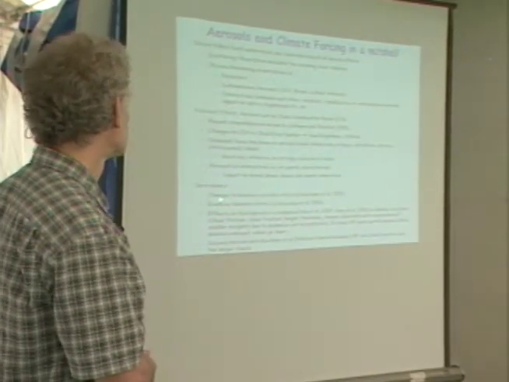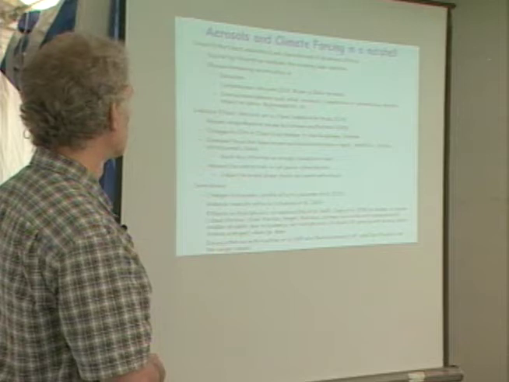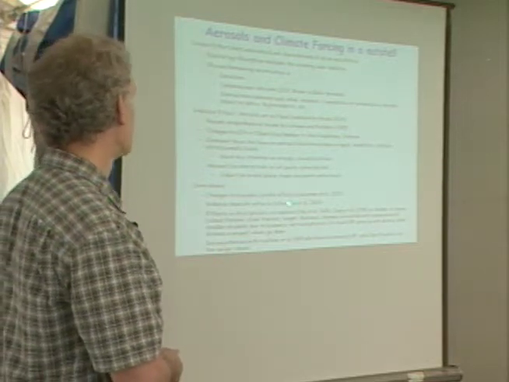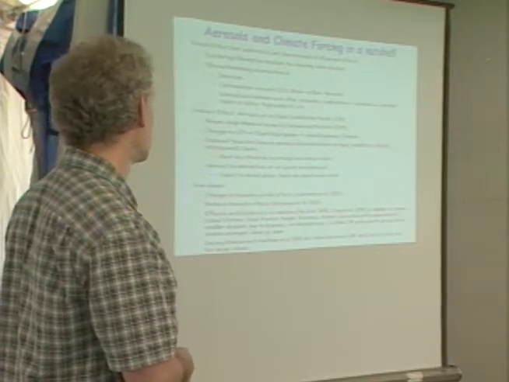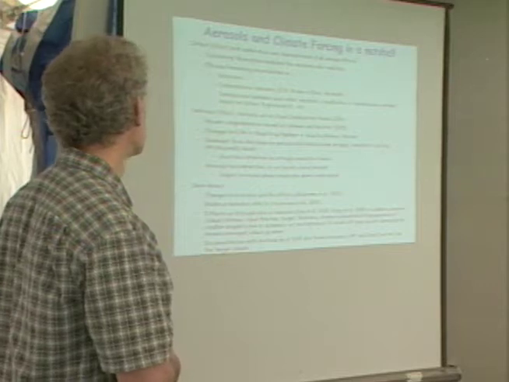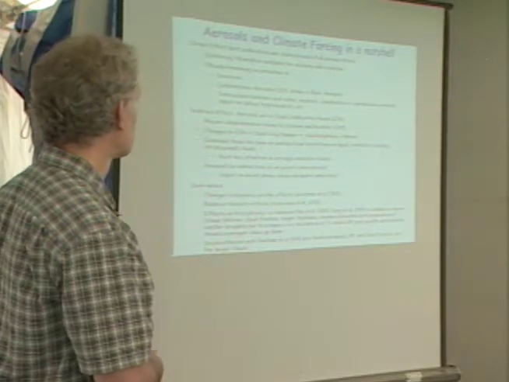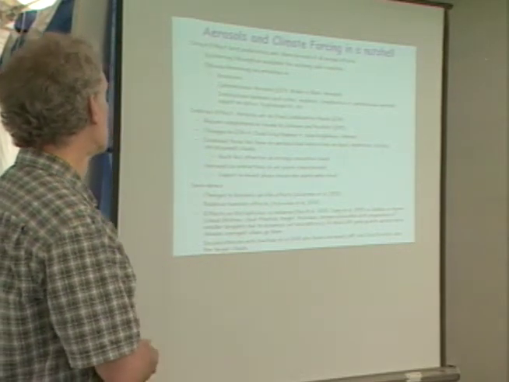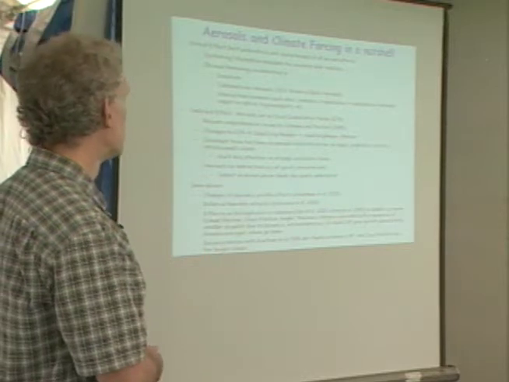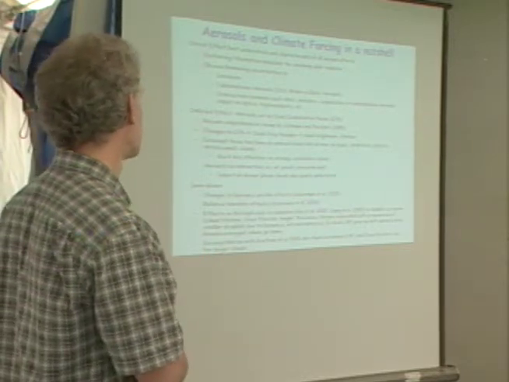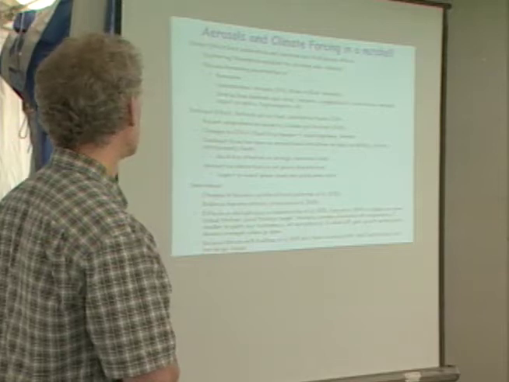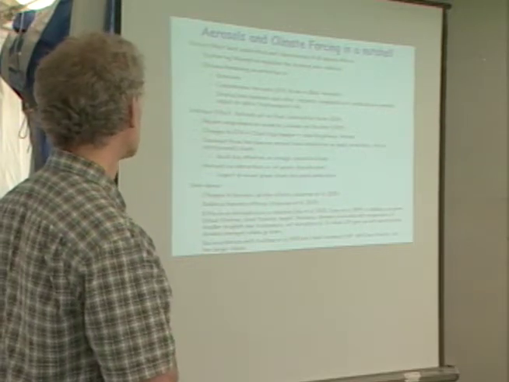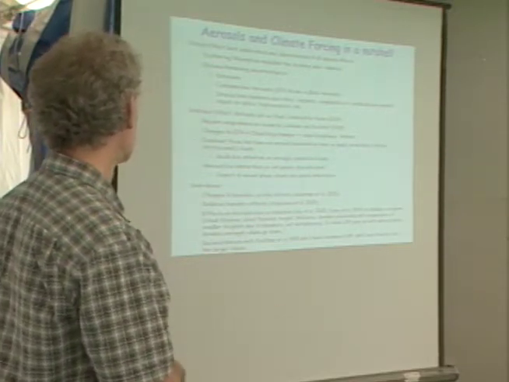The first ones were documented by Andy Ackerman in 2000, where he identified the potential for aerosols sitting above boundary layers to affect the buoyancy profile and thus affect how clouds form and what the radiative properties would be of the aerosol-cloud combination.